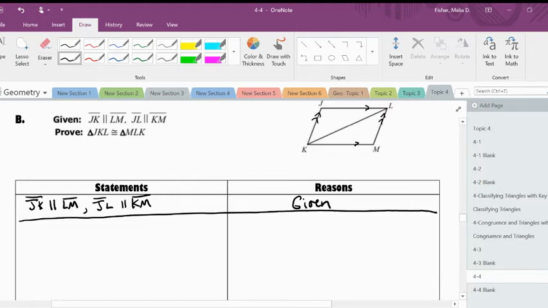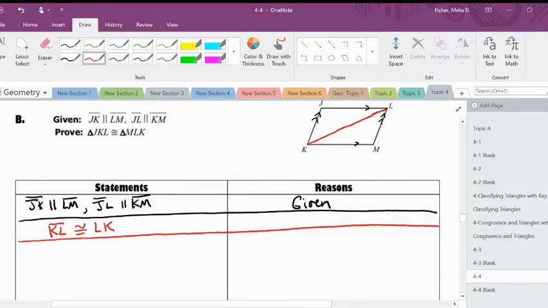Our goal is to prove that these triangles are congruent. The first thing that I see really easy to prove here is that KL is congruent to LK. And the reason that that is congruent is because of the reflexive property.